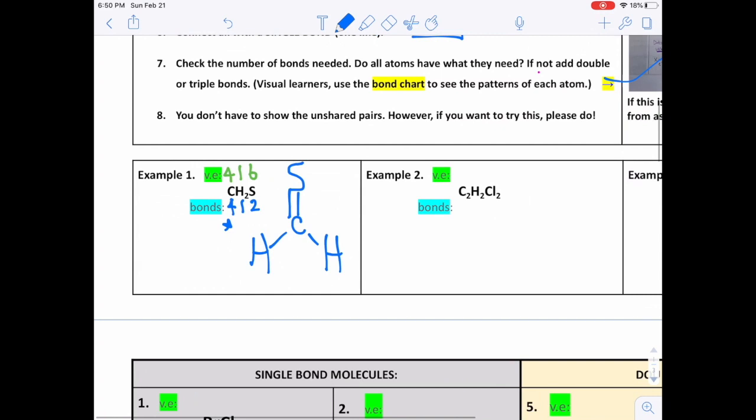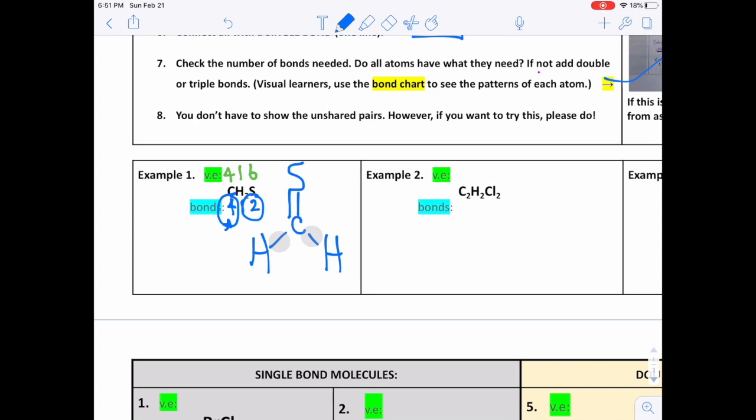H here says it only needs 1 bond, and I already have 1 bond there for that H, I can't add another one there. And I have a bond here for that H, so I can't add a double bond in either of those spots. But because the sulfur needed 2 bonds, and before it only had 1, and the carbon needed 4, and before it only had 3, that means that adding that double bond there works.